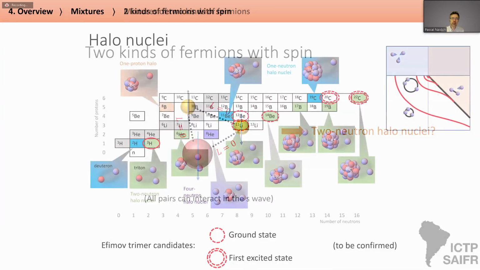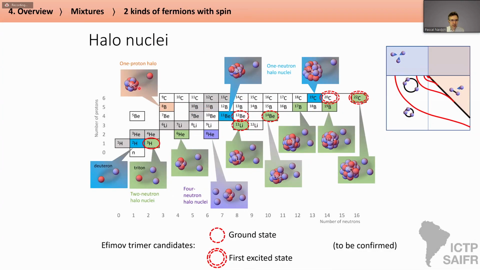So let me now talk about these halo nuclei. Here I represented the nuclei chart, which is obtained by changing the number of protons here and the number of neutrons. And then we can plot all the different kinds of possible nuclei.